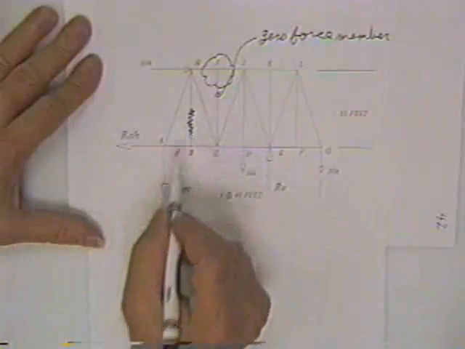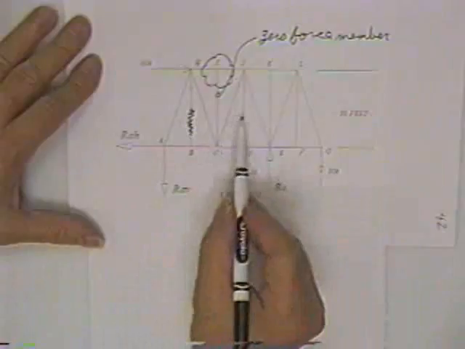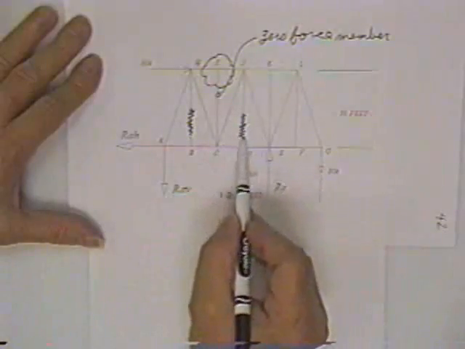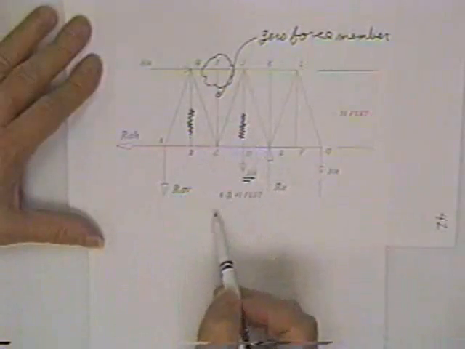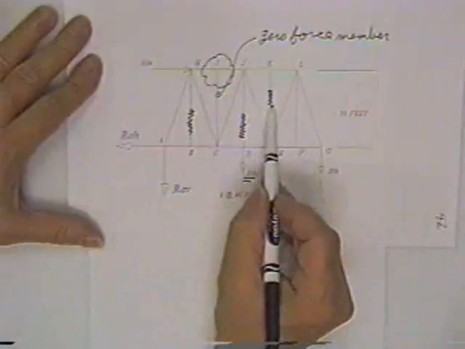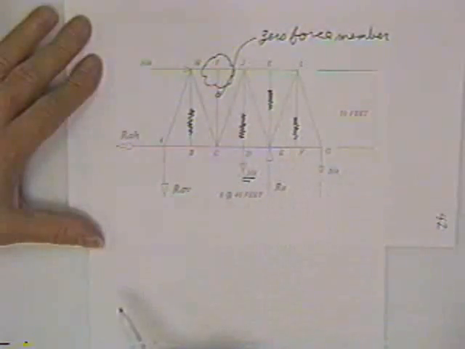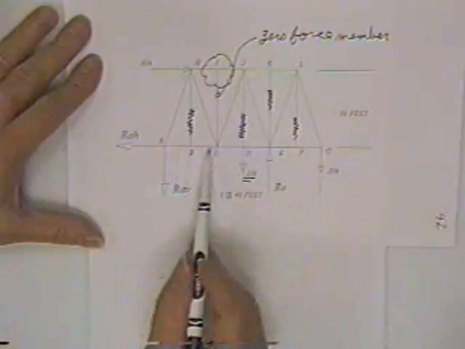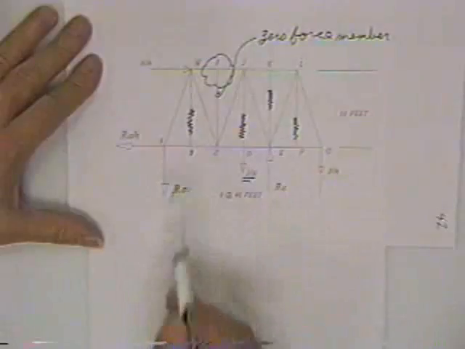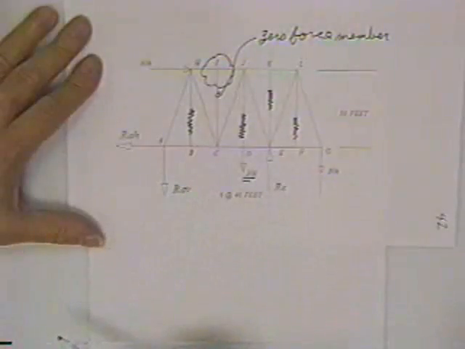This is a zero force member. The force in this one is 30K. This is a zero force member. This is a zero force member. They may be there for nothing more than to brace these long members, but there's no real load in them.